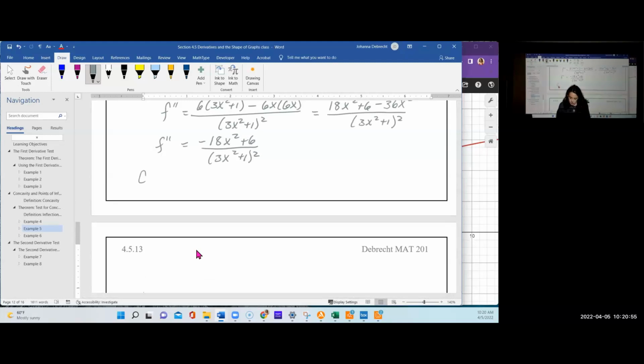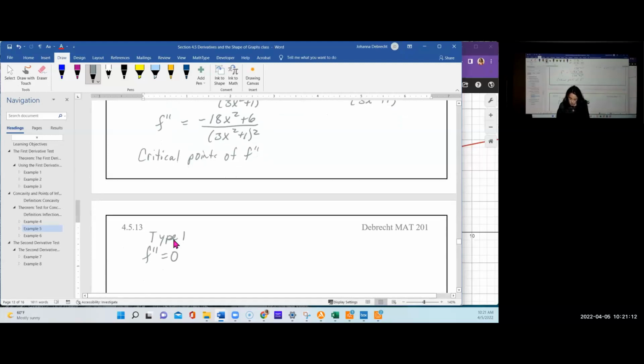So now we're looking for critical points of the first derivative or the second derivative, however you want to put it. So type 1, second derivative equal to 0. So that would be the numerator, negative 18x squared plus 6 equals 0.